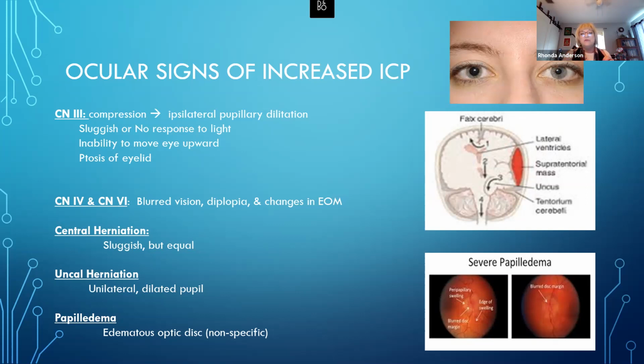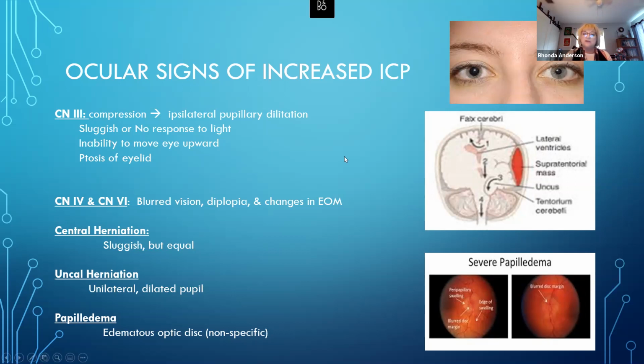So when cranial nerve 3, as you can see here, when you've got a mass lesion here, say we have an epidural hematoma, then it's causing increased ICP. It's going to displace or push brain tissue out of the way. And when it does, it causes this part of the cerebrum to herniate. This is a supratentorial herniation. It's going to herniate over that uncus, so we'll call it an uncal herniation.